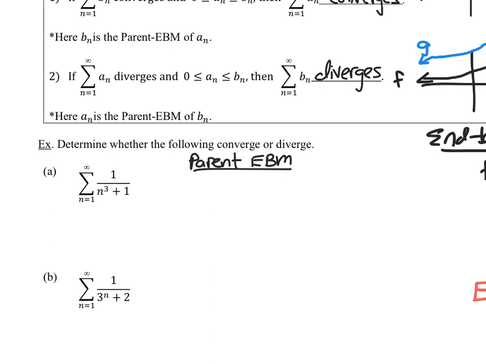If only that 3 were a 2, then it would be an arctangent, but it's not. So what I'm going to do is strip it down to its base components, the term with the highest power, top and bottom. So I'm looking at the series from n equals 1 to infinity of 1 over n cubed.